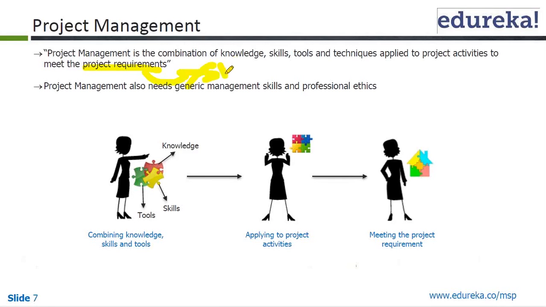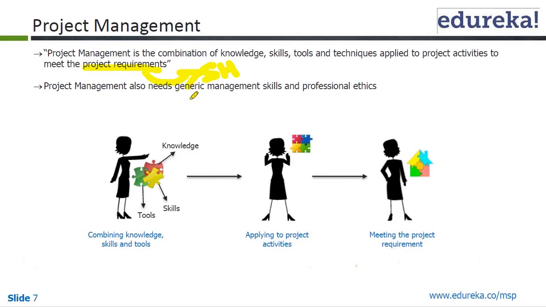Basically, stakeholders are the ones who provide you with the project requirements. So mainly the customer and sponsor and maybe users and so on. They provide you with the project requirements, and you apply your knowledge, skills, tools and techniques and try to meet them. So that's the job of a project manager, that's you.